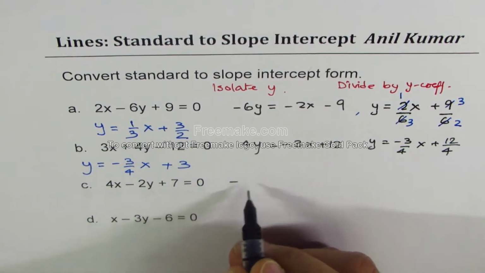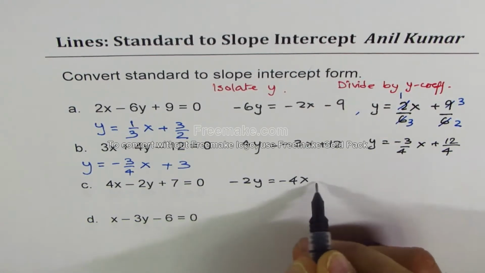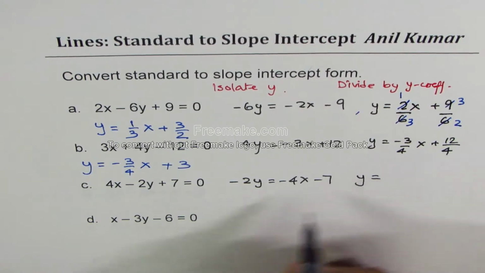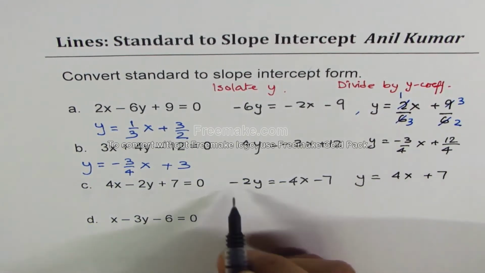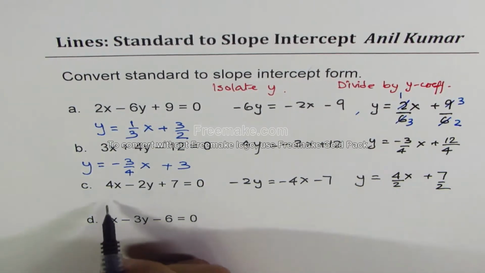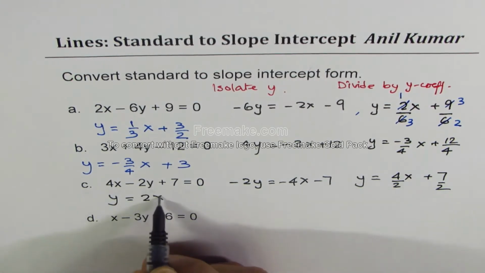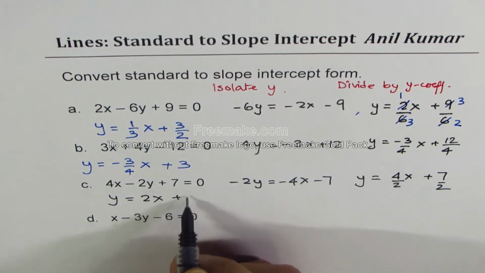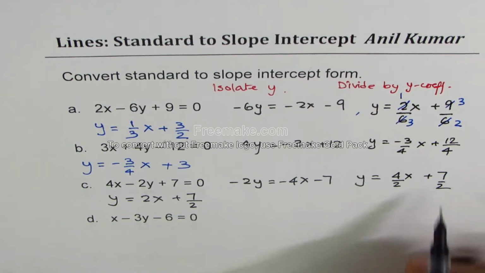Next term here is minus 2y equals minus 4x minus 7. y equals, since it is negative, I will change the signs first, then divide by 2. And we can simplify. So we have y equals 4 divided by 2 is 2x plus 7 over 2. Avoid decimals. Don't write 3.5. Okay.